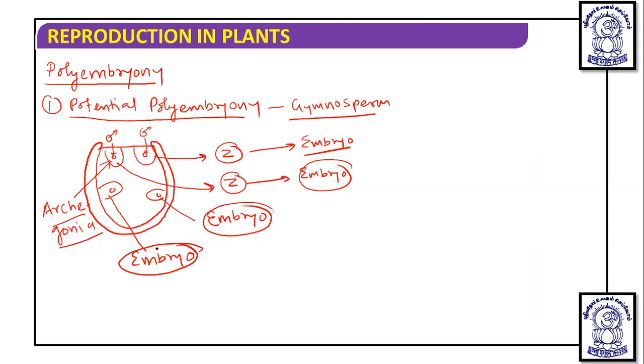But here multiple egg cells are there, so multiple embryos are observed. So it is based on the number of egg cells or archegonia, so it is known as potential polyembryony. As many egg cells or archegonia as there are, that many embryos can be produced. So it is polyembryony, but this potential polyembryony is not true polyembryony.